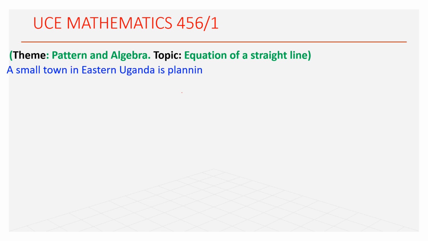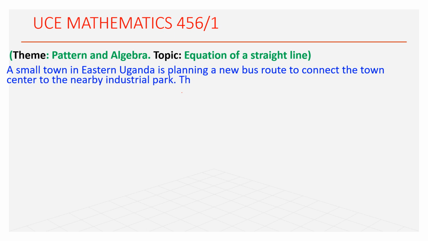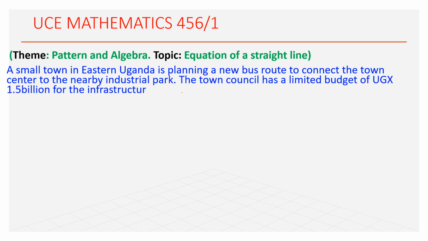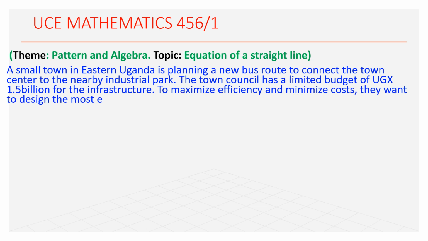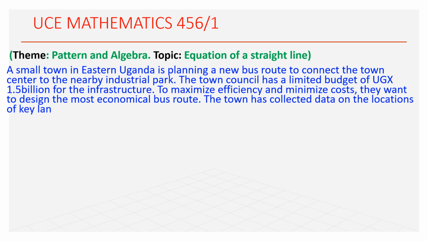A small town in eastern Uganda is planning a new bus route to connect the town center to the nearby industrial park. The town council has a limited budget of Uganda shillings 1.5 billion for the infrastructure. To maximize efficiency and minimize cost, they want to design the most economical bus route.